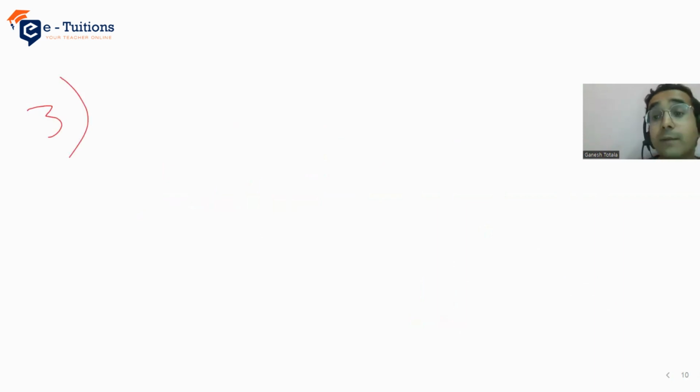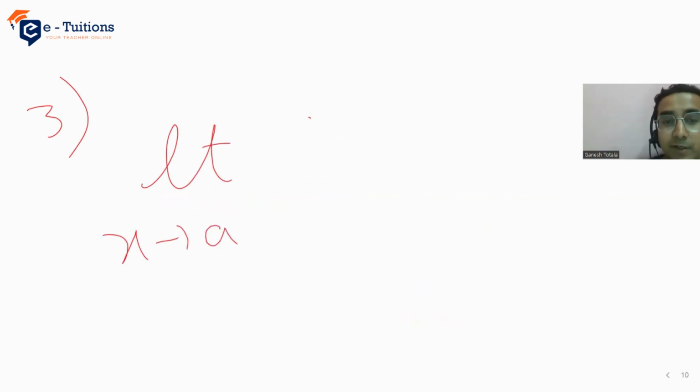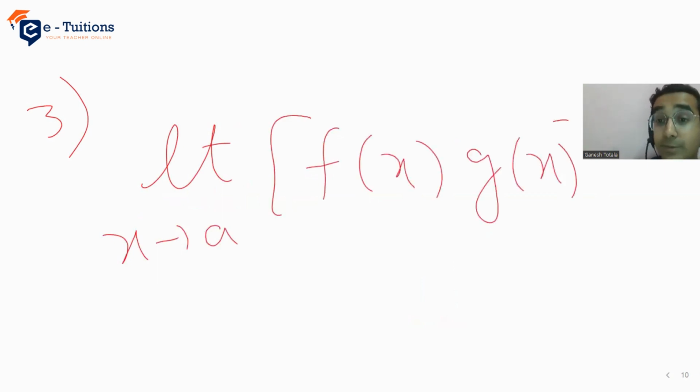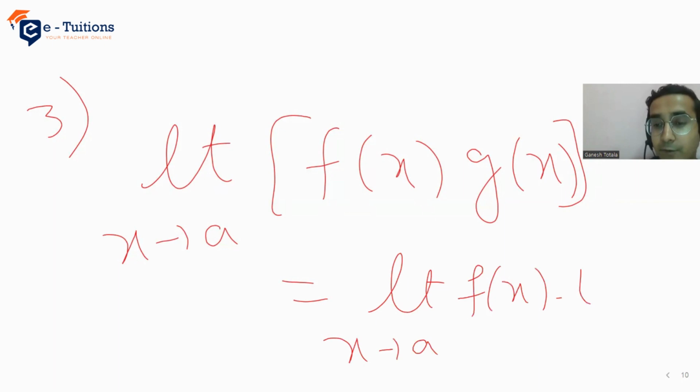It's about multiplication. Suppose we have the limit as x is tending towards a of f of x into g of x. Now it's about the product. So obviously we will have limit of x tending to a of f of x into limit as x is tending to a of g of x. This is for product.